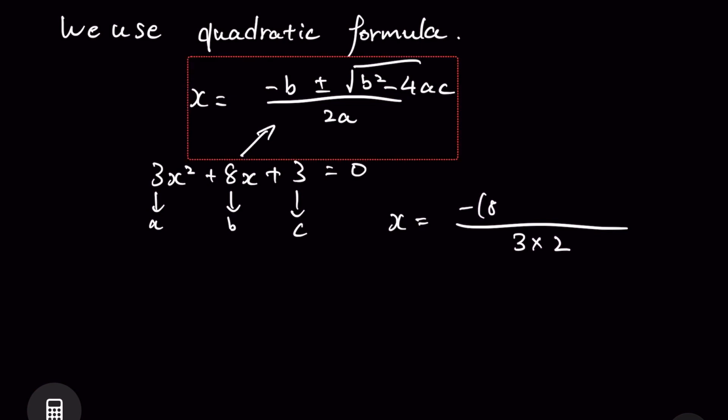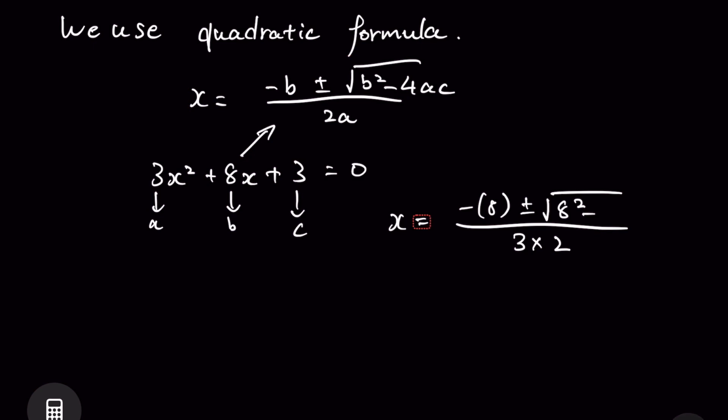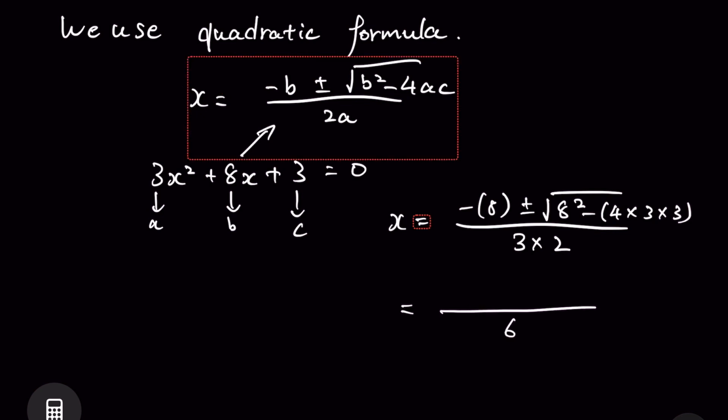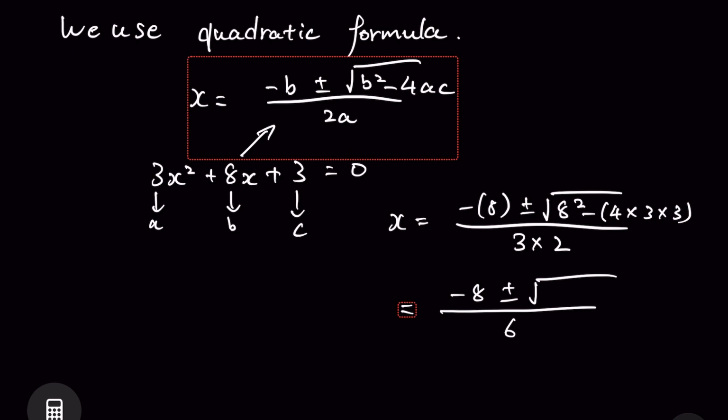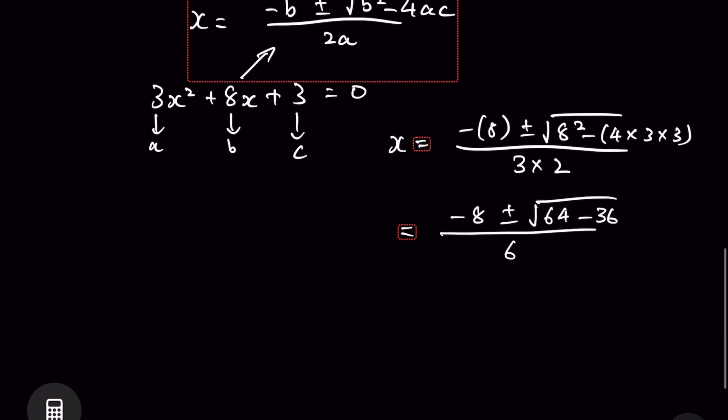So we just substitute those values in it. So over 3 times 2, minus bracket 8 plus or minus the square root of 8 squared minus 4 times 3 times 3, and we should get minus 8 plus or minus the square root of 64 minus 36.